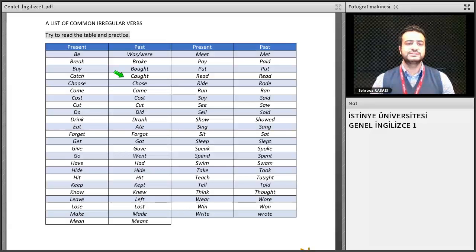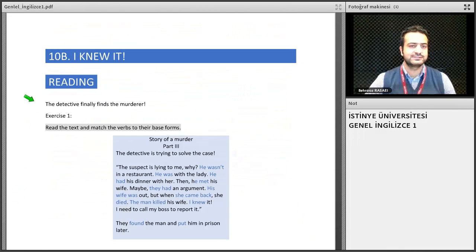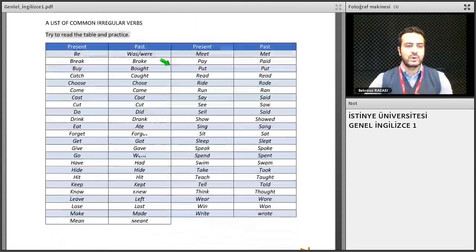You need to memorize them, practice, and be careful with them. Here is the list of the most common irregular verbs, and you just have to practice in order to learn them completely. Okay, let's move on to Unit 10B, and the title is I Knew It.